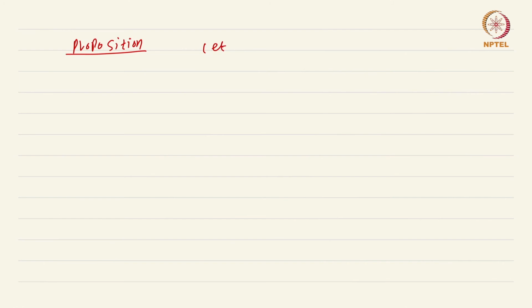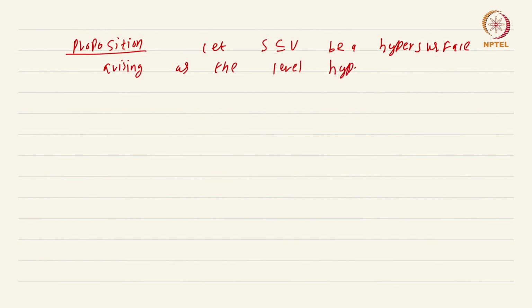Let S subset of U be a hypersurface arising as the level hypersurface of the C1 smooth function f from U to R at C equals 0.